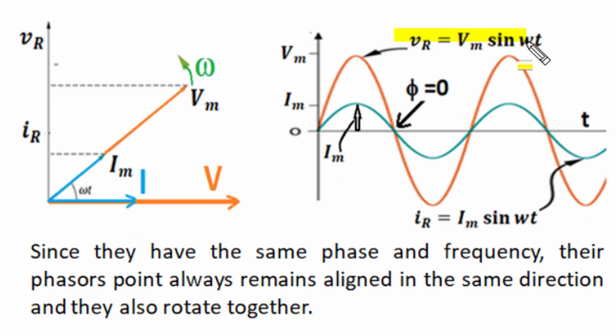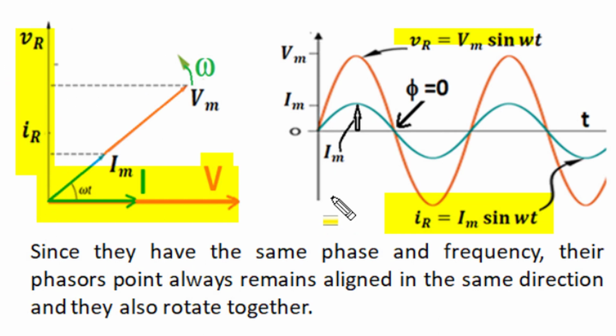Since both voltage across resistance and current flowing through resistance have same frequency and same phase, their respective phasors, current phasor and voltage phasor, always remain aligned with each other during their rotation, and different positions of rotating phasor will have different projected component on vertical axis or different value of instantaneous magnitude, but both instantaneous magnitudes remain always in phase.